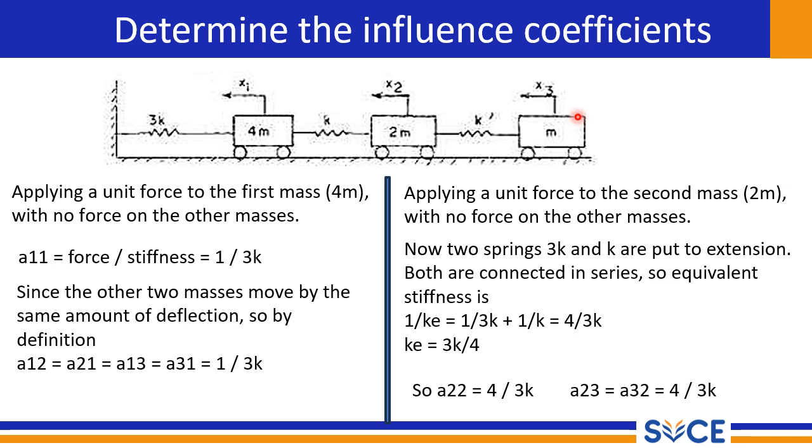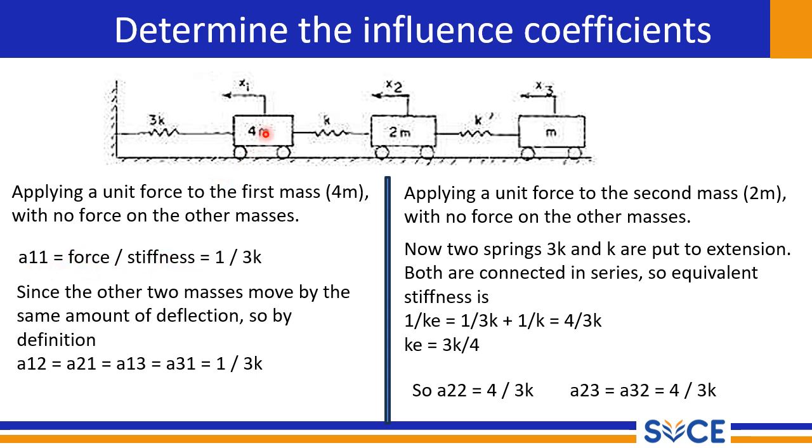To find the first set of influence coefficients, we apply a unit force specifically to the first mass, 4m, while keeping the forces on the other masses at 0. When we apply a unit force at this mass, we use A11 equal to force by stiffness.